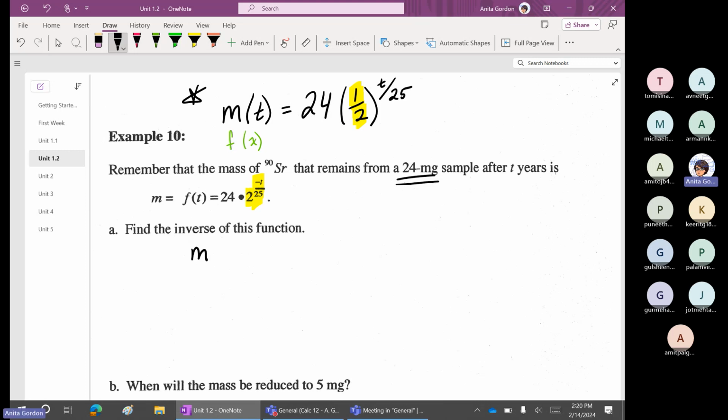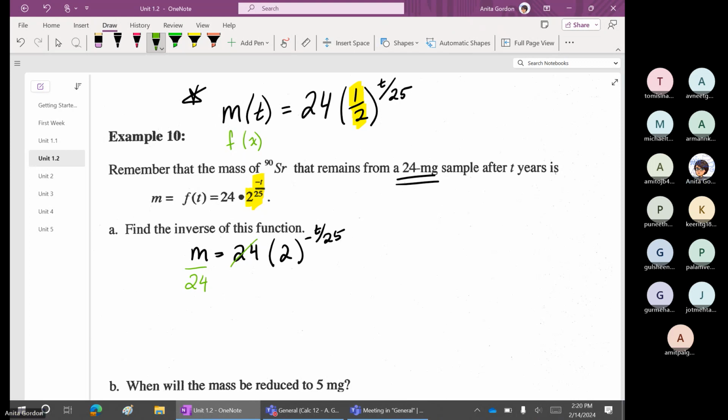So m equals 24 times 2 to the power of negative t over 25. What's my first inverse step? I want to get to the 2. I could log both sides, but I want to do something else. Let's divide by 24 to get rid of this coefficient. Now I'm going to log it.